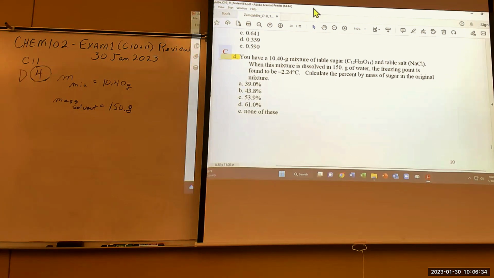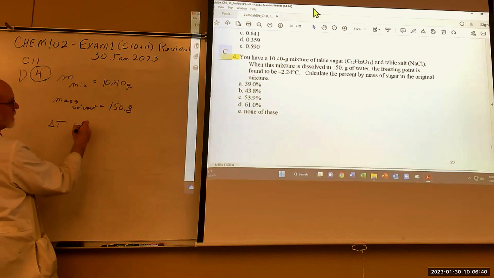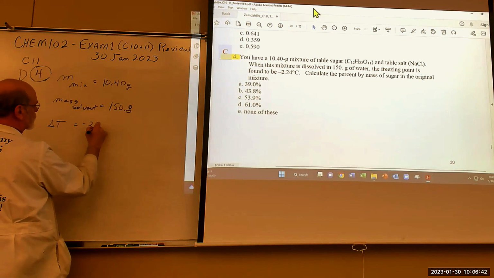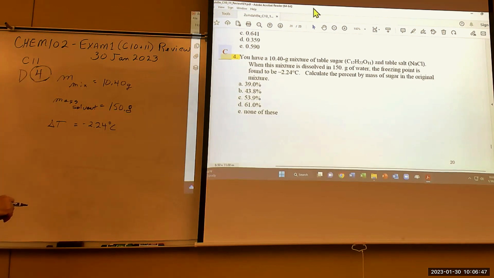The freezing point is found to be minus 2.24 degrees. So the change in temperature, freezing point depression, is minus 2.24 degrees C. What's the percent of the mass of sugar in the original mixture? We did one of these in class, didn't we? I'm pretty sure we did.